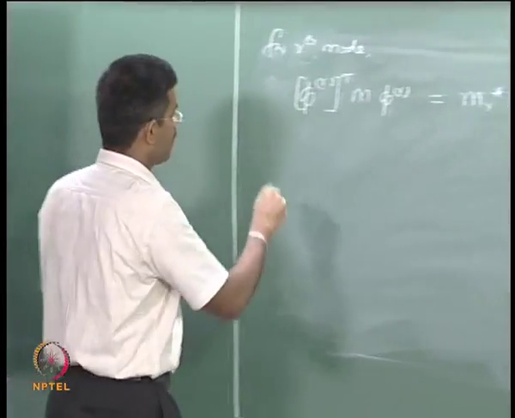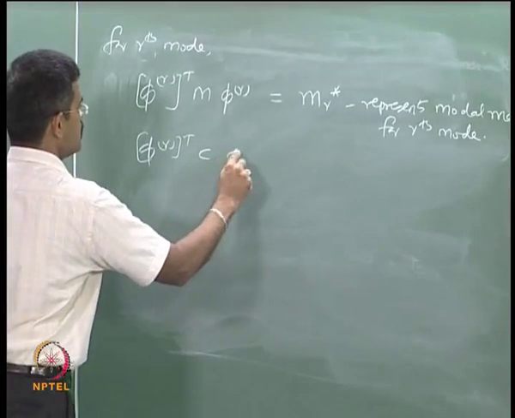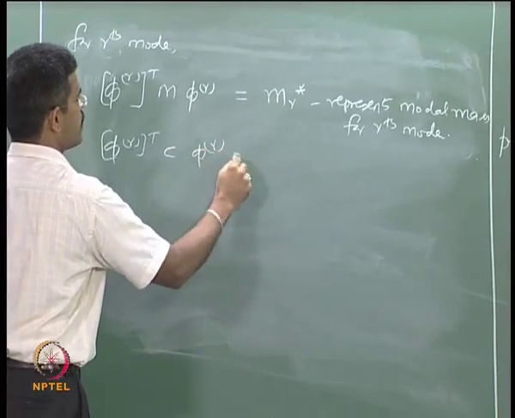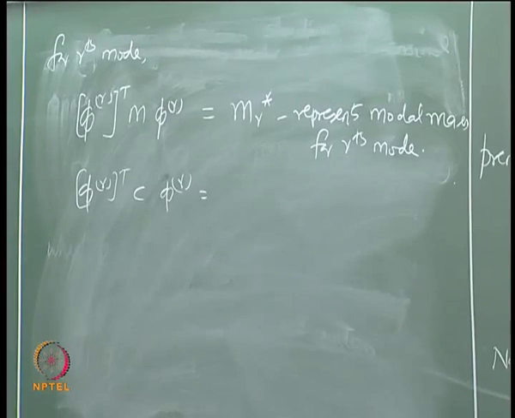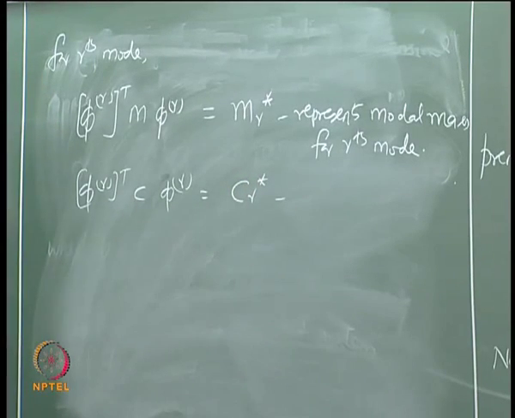Similarly, phi R transpose C phi R can be called C R star, which represents the coefficient of viscous damping in the rth mode.